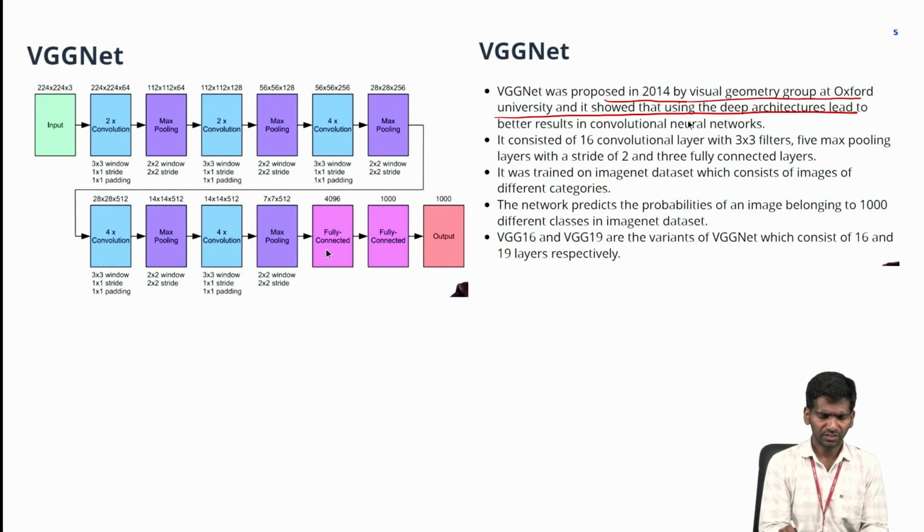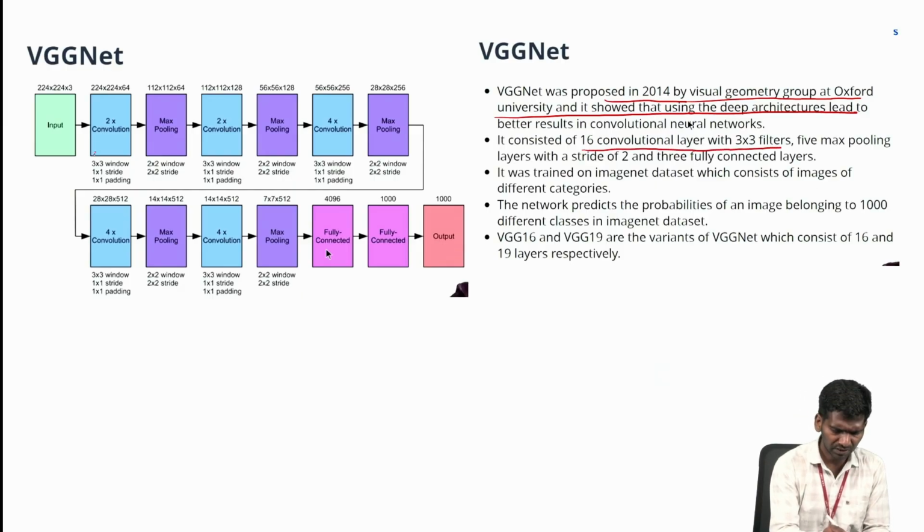It consists of 16 convolution layers with 3 cross 3 filters. You could see 16 convolution layers here. So 2, then 2 plus 4 convolutions, followed by 4 convolutions, followed by 4 convolutions.